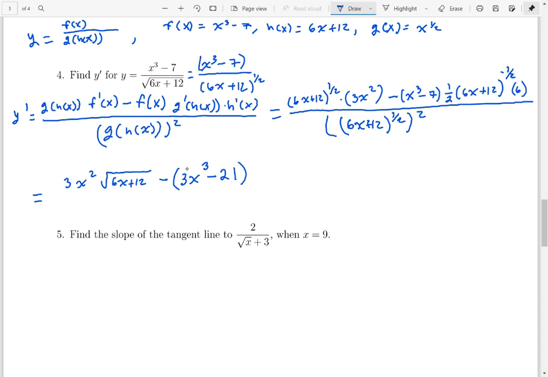Make sure you do leave this in parentheses because of course this minus applies to it, and that entire thing is going to be over the square root of 6x plus 12. And remember that a negative power moves it to the denominator of the thing that's being multiplied by, and the 1/2 power is a square root. Alright, and then that's all divided by 6x plus 12 raised to the 1/2 quantity squared. We're just left with 6x plus 12.